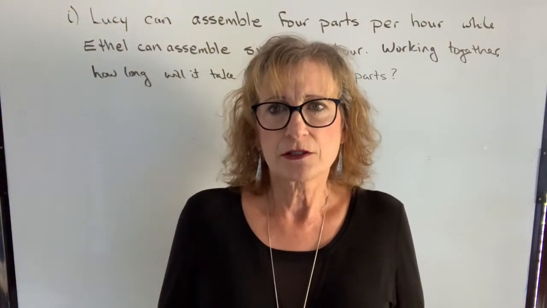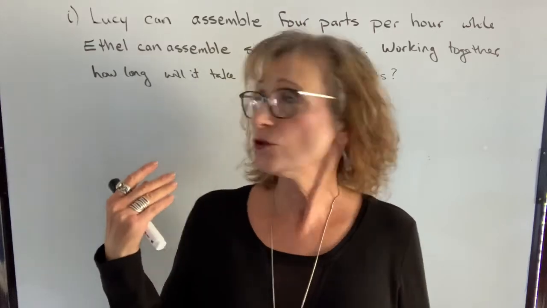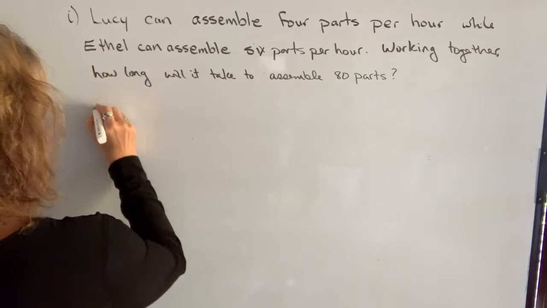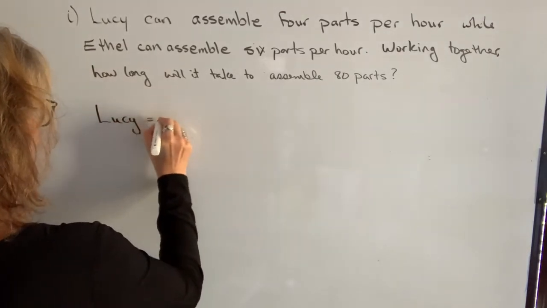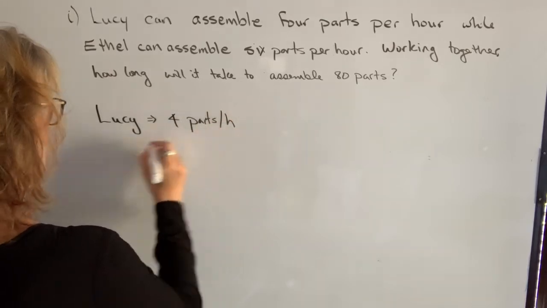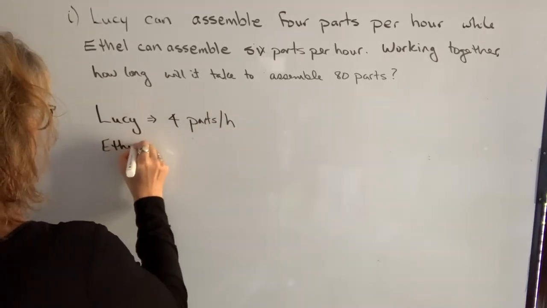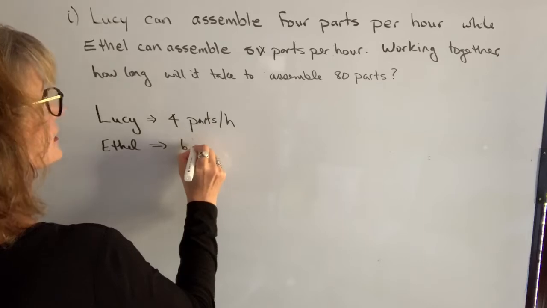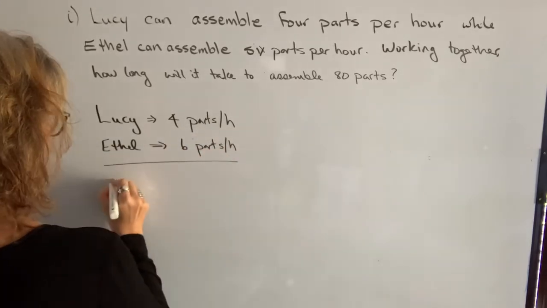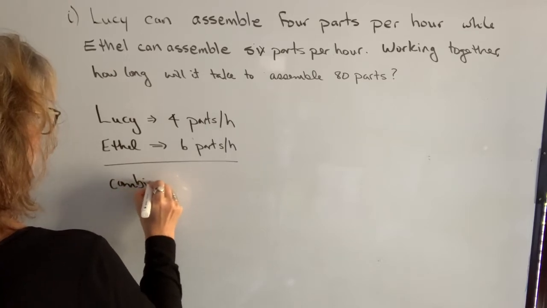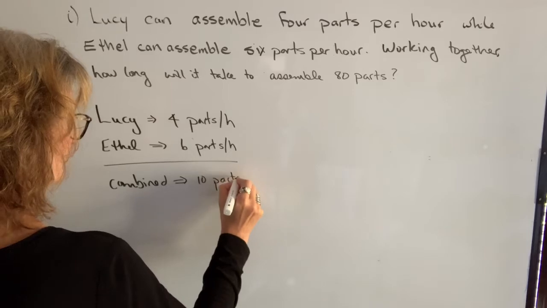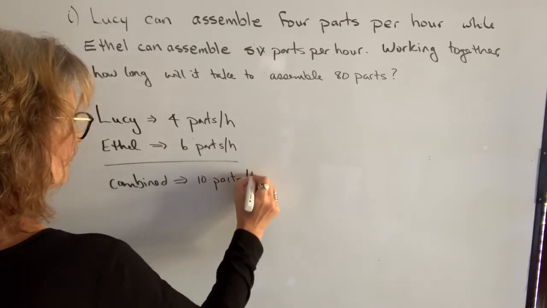We could just say, well, if Lucy's doing 4 parts per hour, and Ethel is 6 parts per hour, combined, they should be able to assemble 4 plus 6, which is 10 parts per hour.